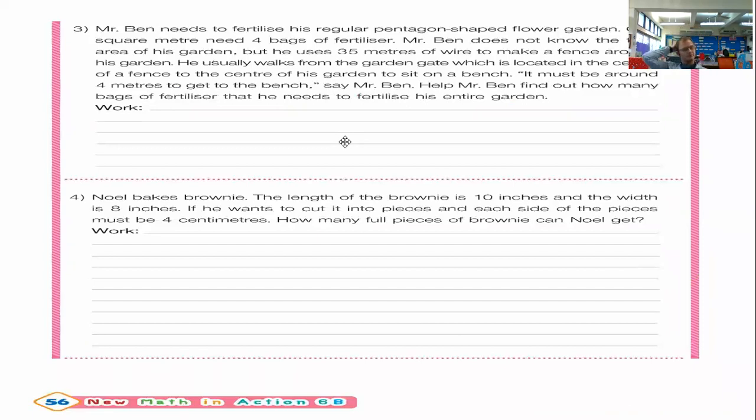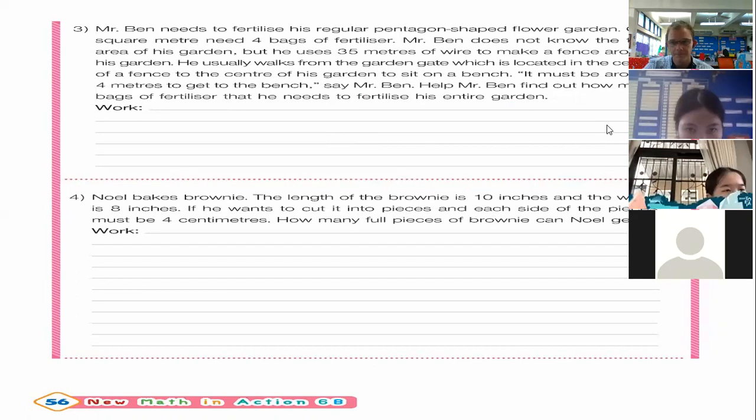So now we have 2 more. Nice long reading we have to do. So it's very important while we do word problems to read carefully, but also make sure we don't read the whole thing at once. We have to break it down because it's a lot of information. So let's read number 3. Mr. Ben needs to fertilize his regular pentagon-shaped flower garden. 1 square meter needs 4 bags of fertilizer.